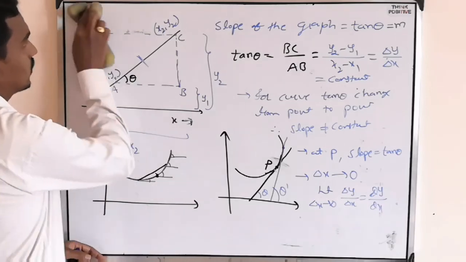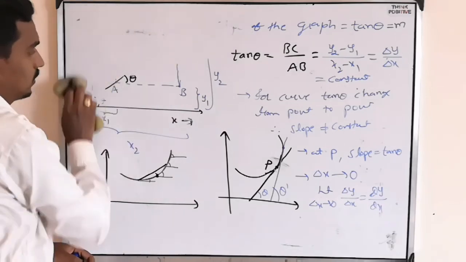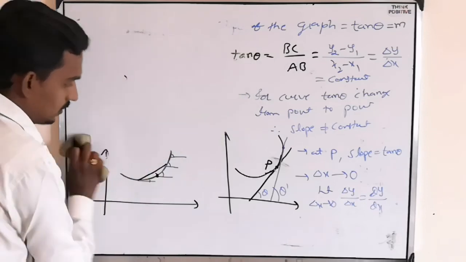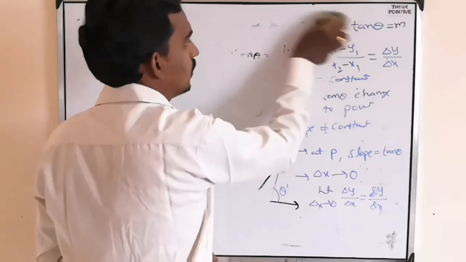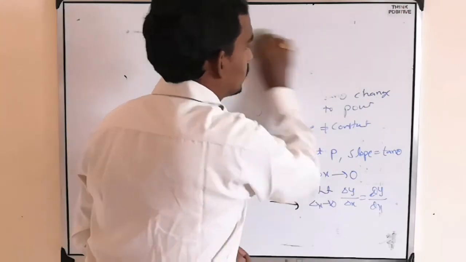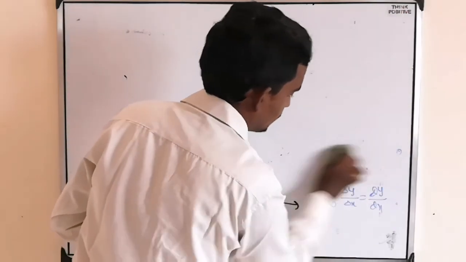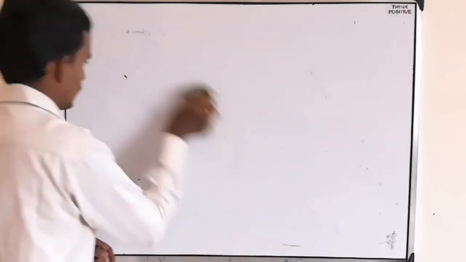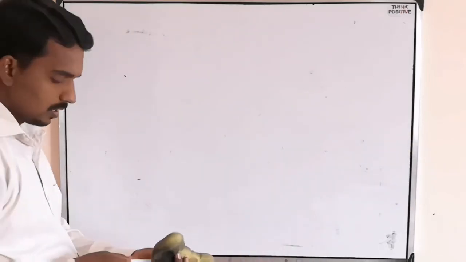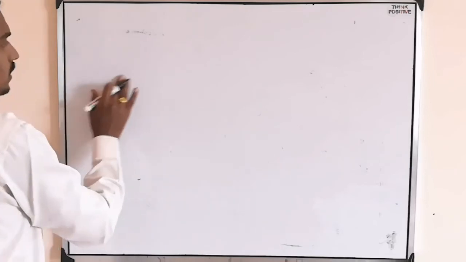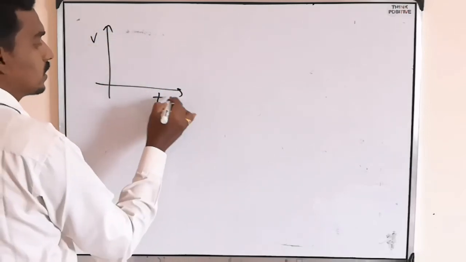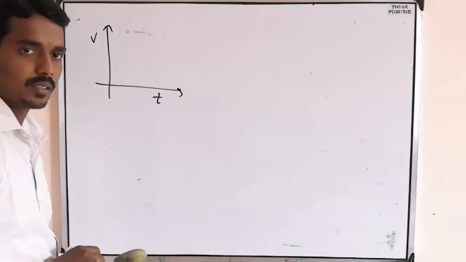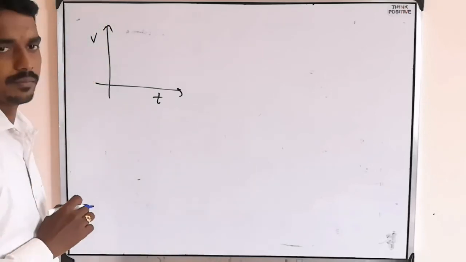Now, let us take a physics example. Suppose they have given a graph, velocity versus time.